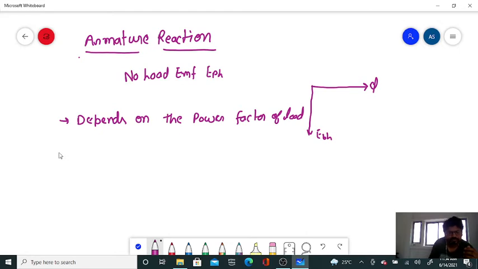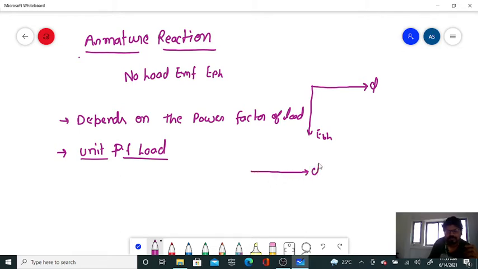First, if we have a unity power factor load, or you can say resistive load, then what will happen? The phasor diagram we can explain.